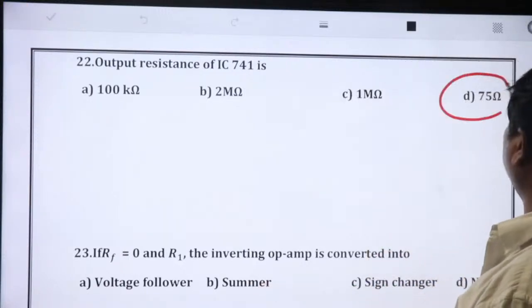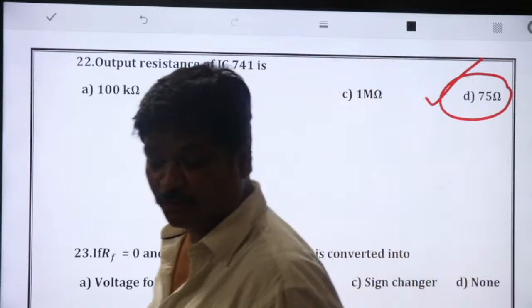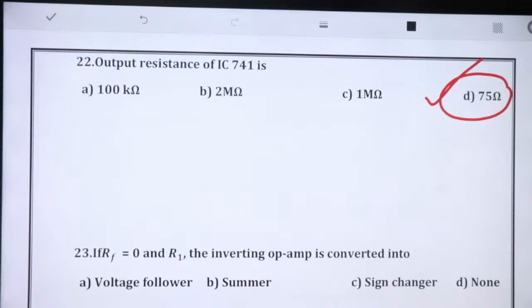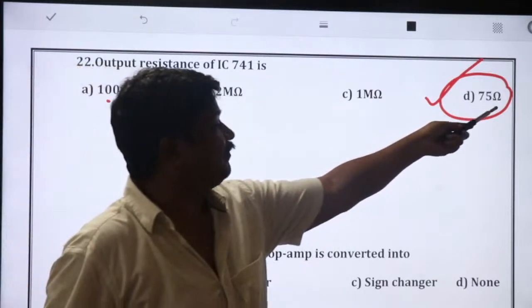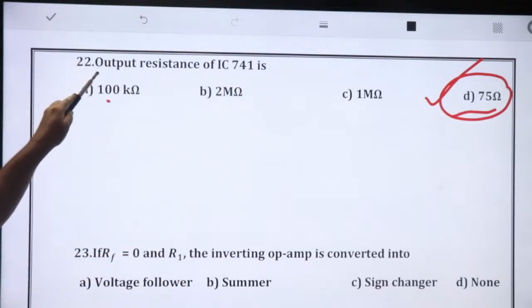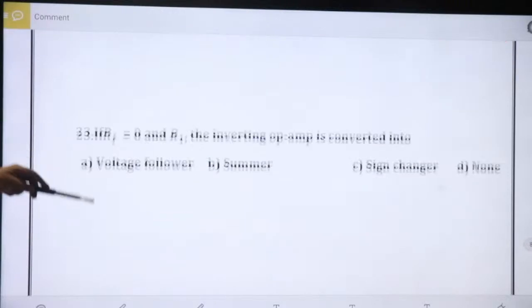The other values are 100 kilo ohms, 2 mega ohms, 1 mega ohm, which are large values. Only 75 ohms is a small value. That's why the output resistance of the IC is 75 ohms. Next.